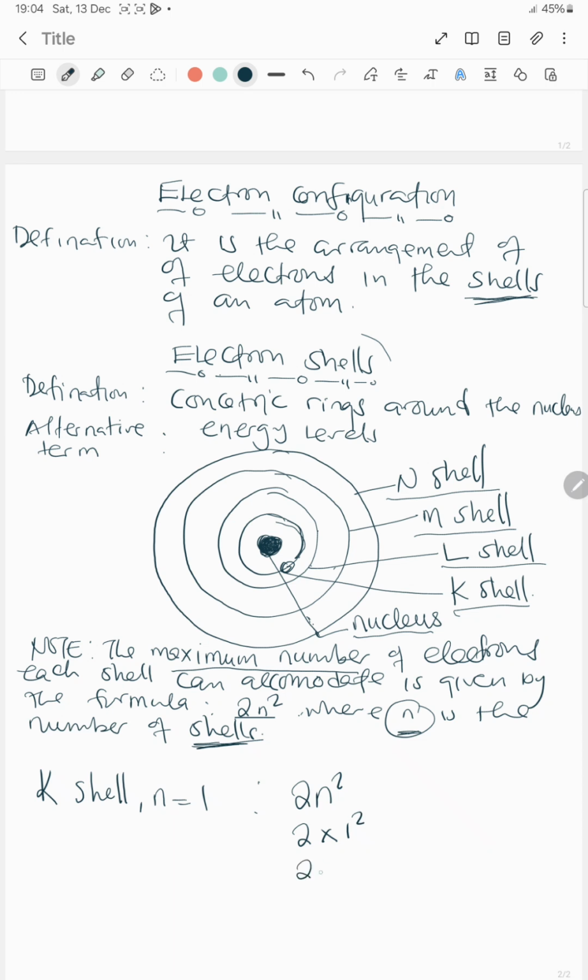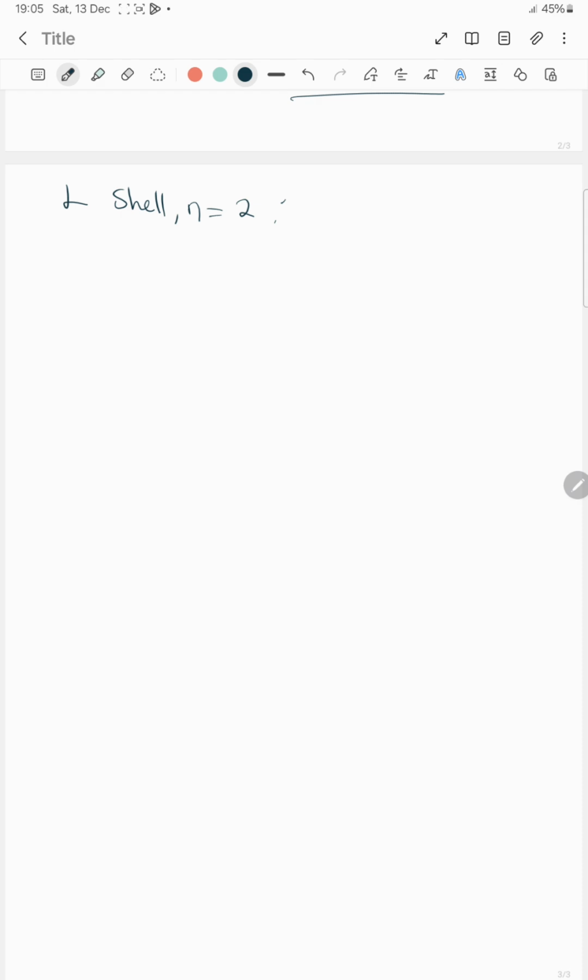This is the same as 2 times 1 times 1, which gives us 2 electrons. So the first shell contains 2 electrons.